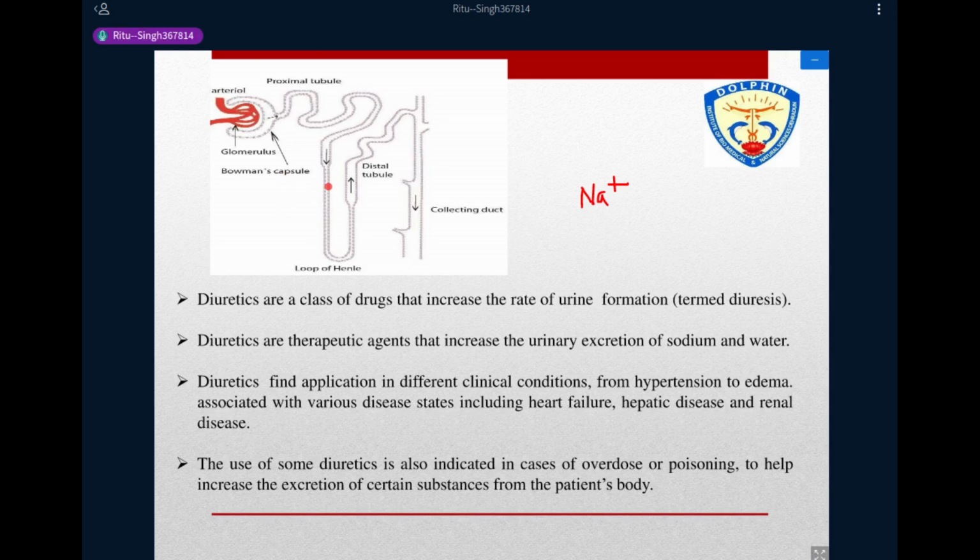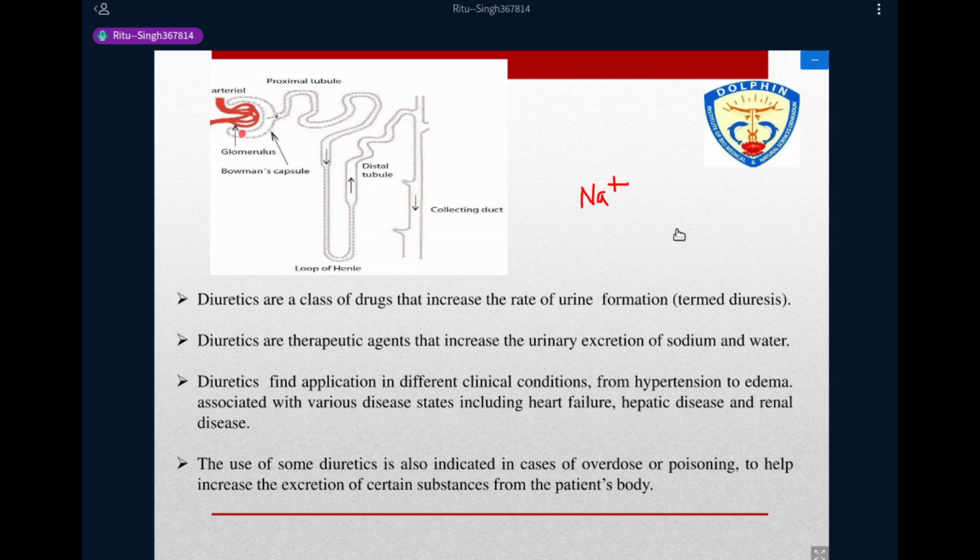The nephron has 5 major regions, and they have specific functions.